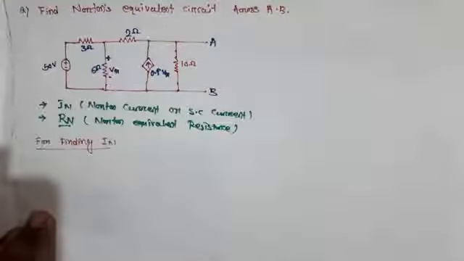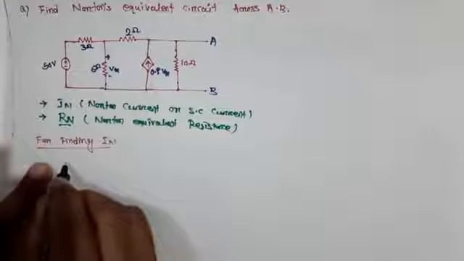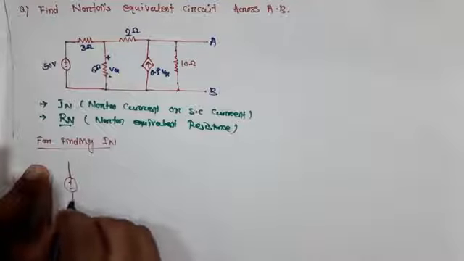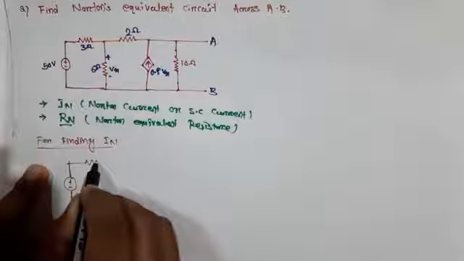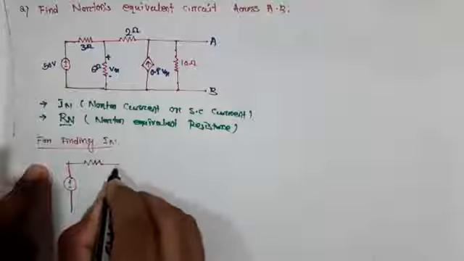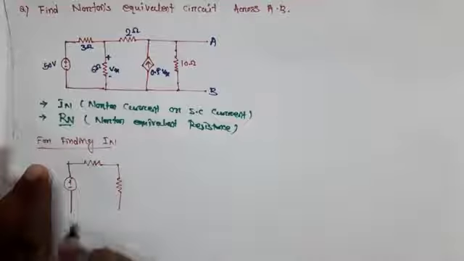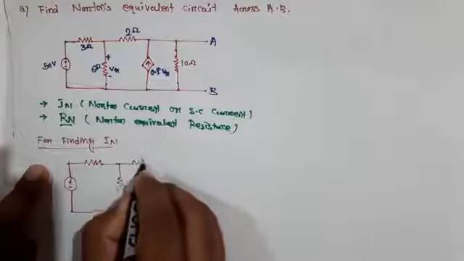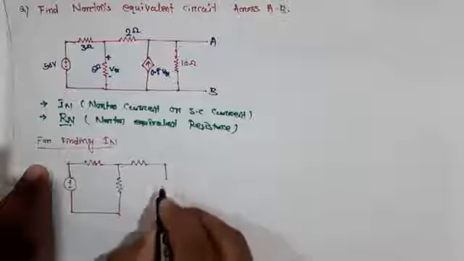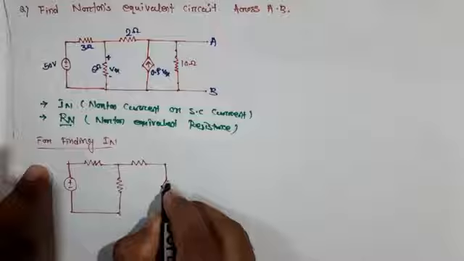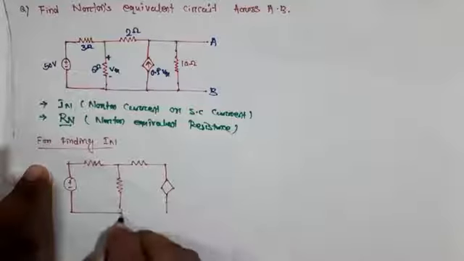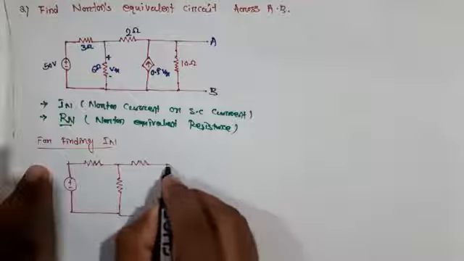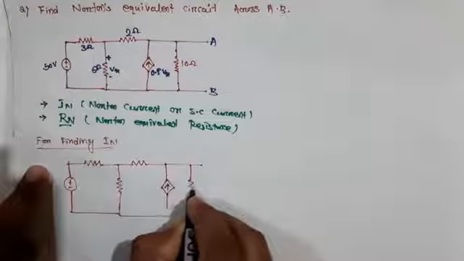See, this is as usual the 15 volt source, this is 6 ohm, and this is 2 ohm. This is the dependent source, and this is a resistor.